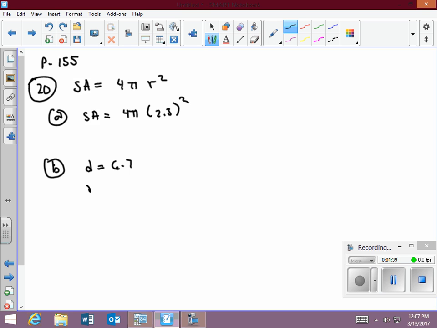So then you'd have to calculate the radius, which is half of the diameter. And then the surface area would be 4 pi, and then it's 6.7 over 2 the quantity squared. And then you put that in the calculator.